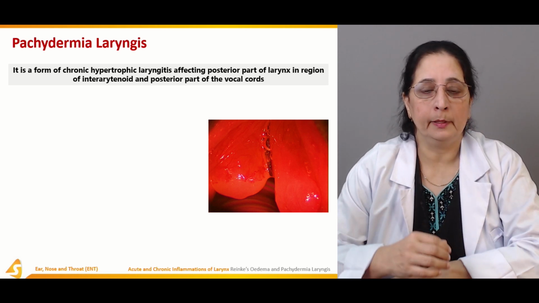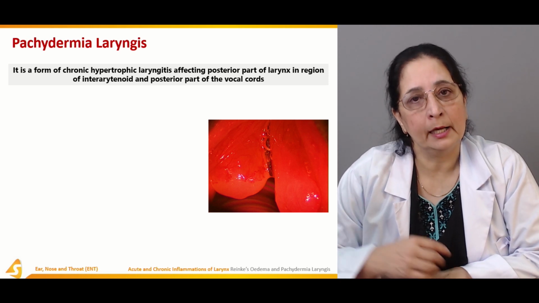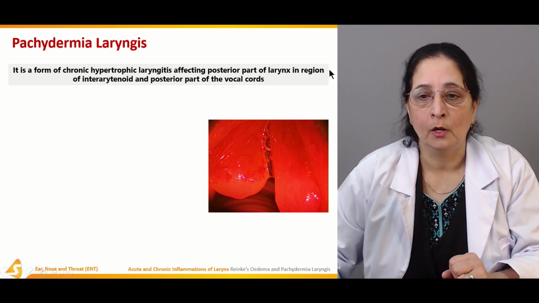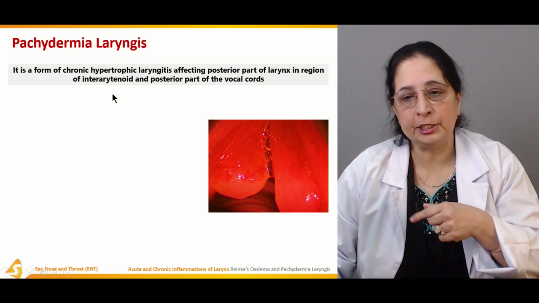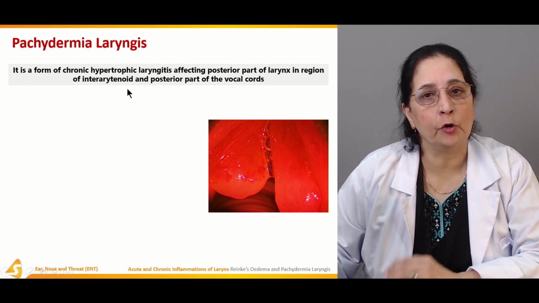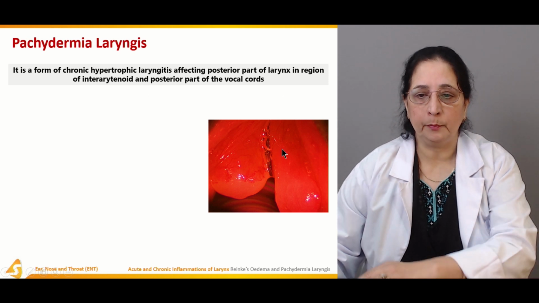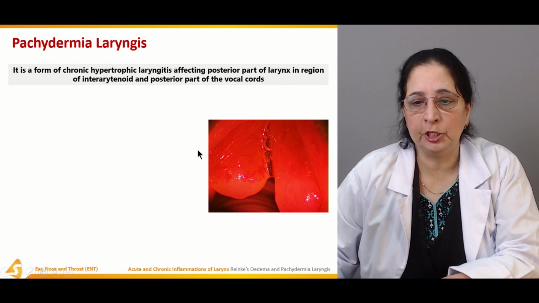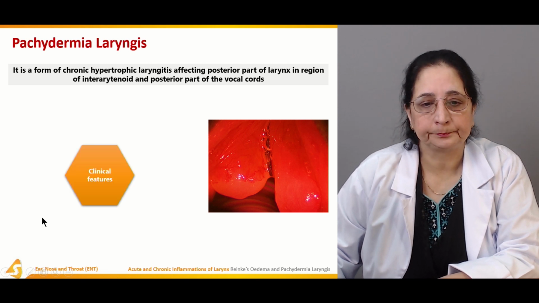So it's the form of chronic hypertrophic laryngitis. It affects mainly the posterior part of the larynx in the interarytenoid region. Inter means between the arytenoid folds and posterior part of the vocal cords. That's the appearance of Pachydermia laryngis.